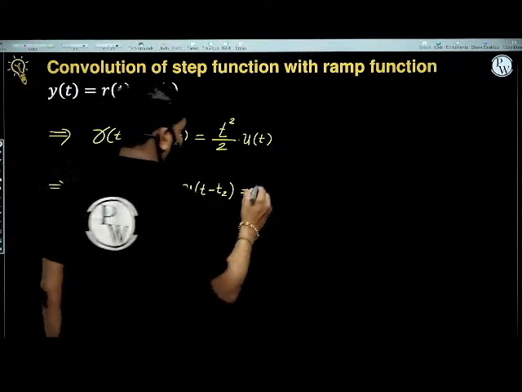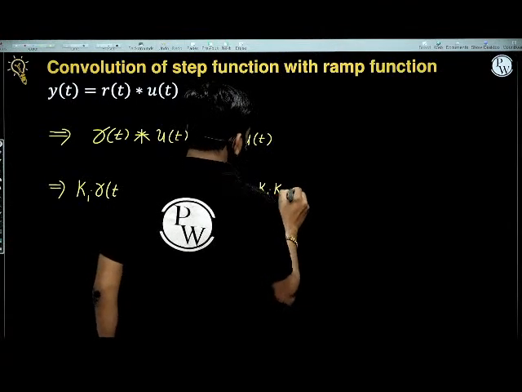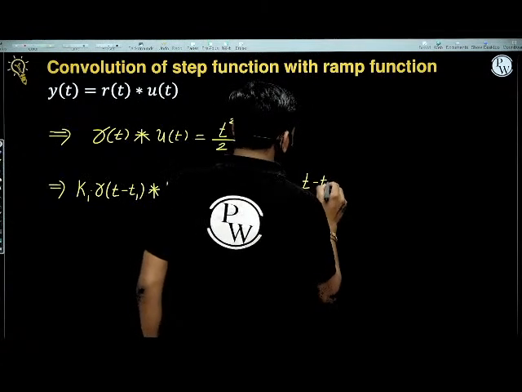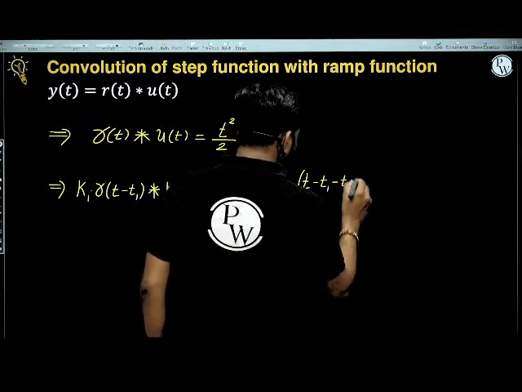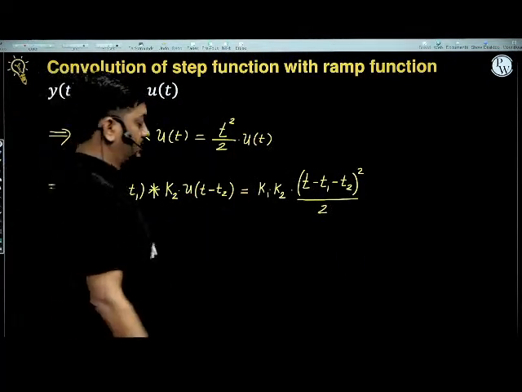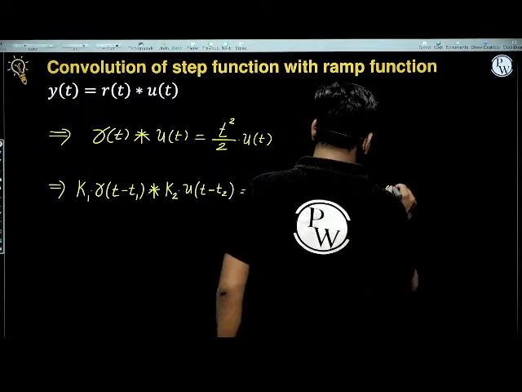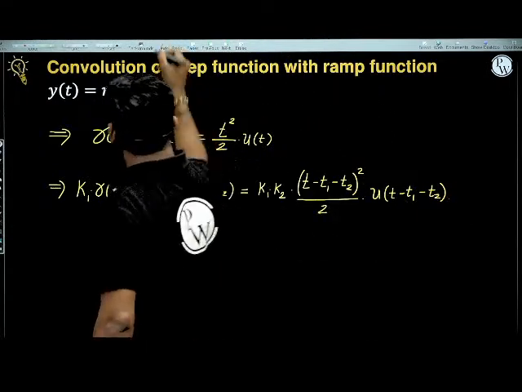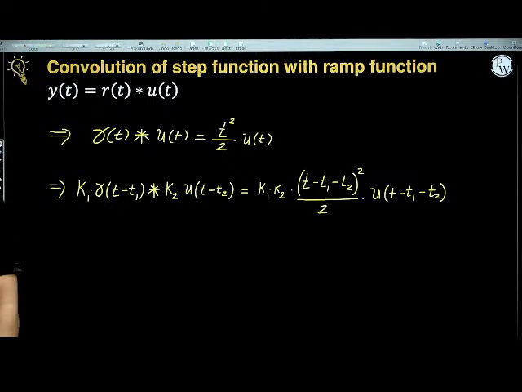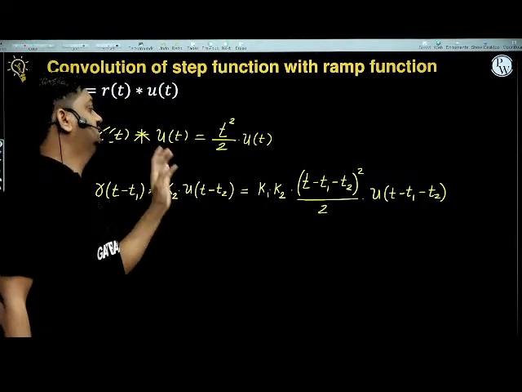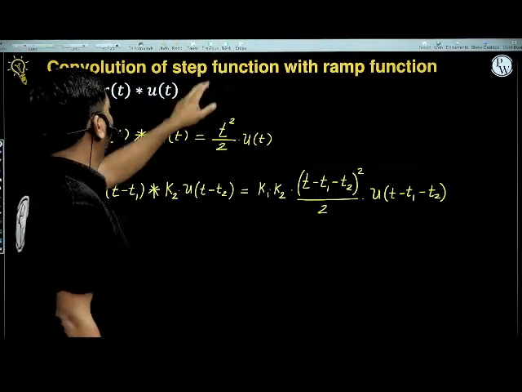So the answer will be k1 into k2, and here t becomes t minus t1 minus t2, so t minus t1 minus t2 whole square divided by 2. And here also, guys, in u of t it is u of t minus t1 minus t2. Clear? Fine. So this thing you have to remember always as the standard format, then you can use the linearity and shifting property.